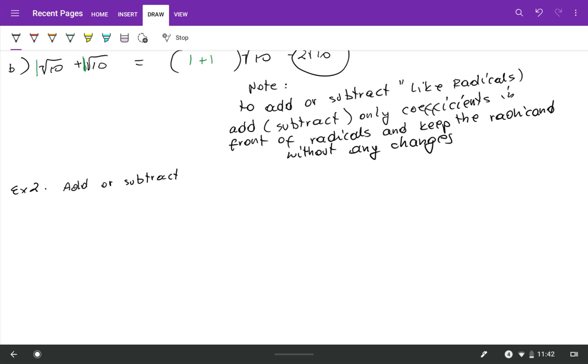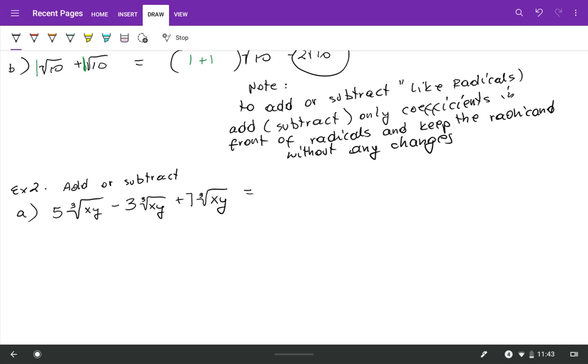The first problem is 5 cube root of xy minus 3 cube root of xy plus 7 cube root of xy.